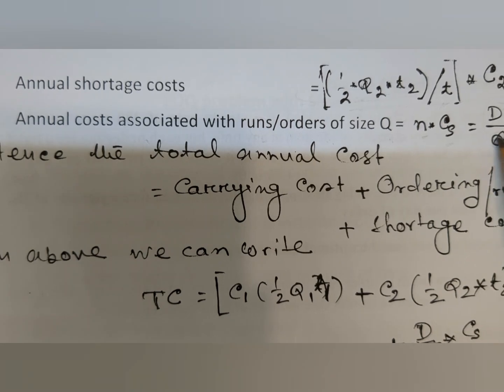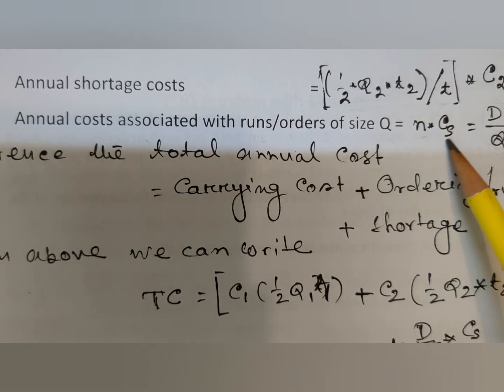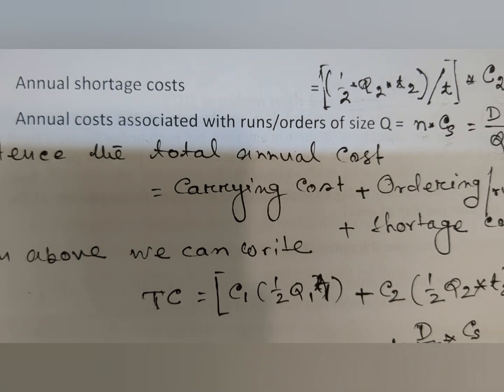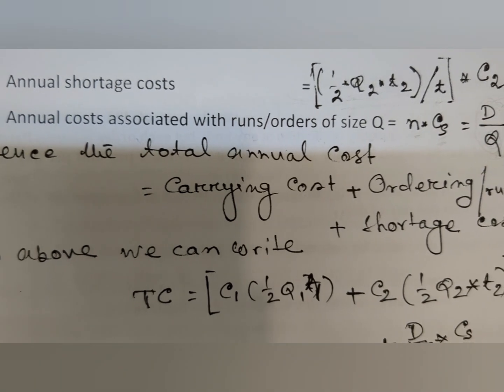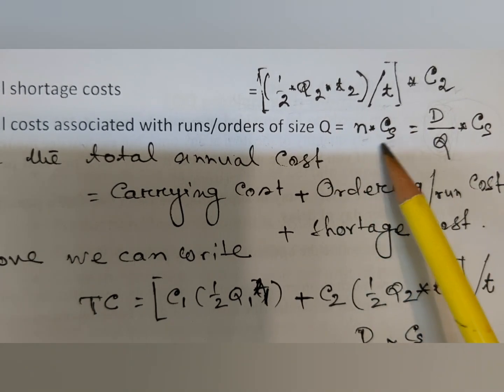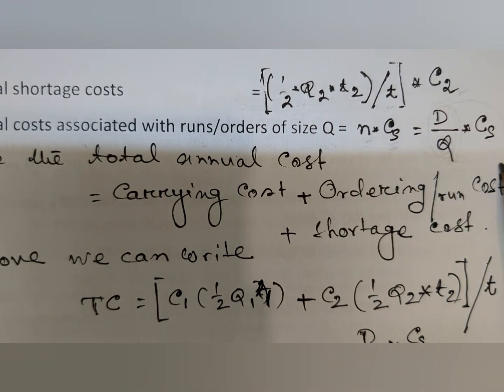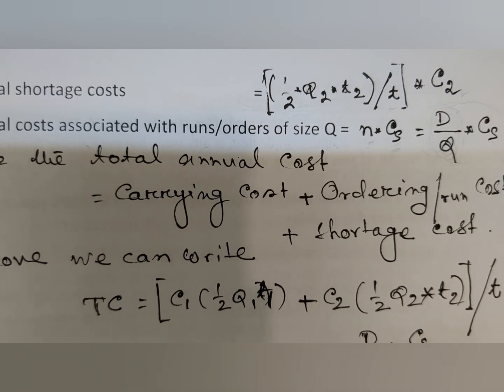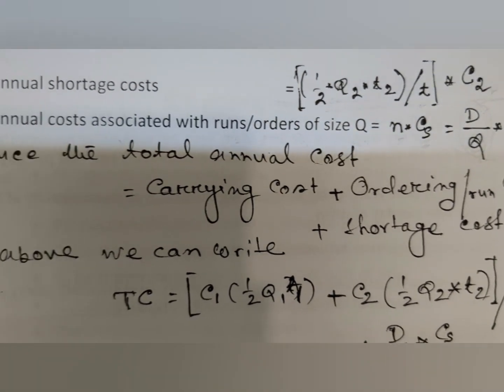Each time you order Q, that is the total number of orders for the year. The cost of one order is CS. CS is the ordering cost per order, therefore the total ordering cost will be this. Total ordering cost is equal to N into CS. I think it is clear.